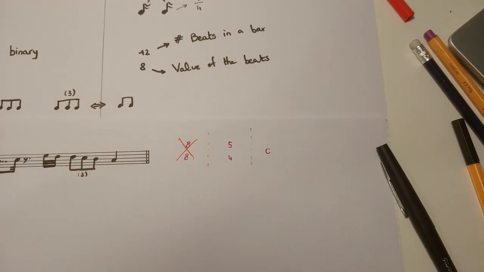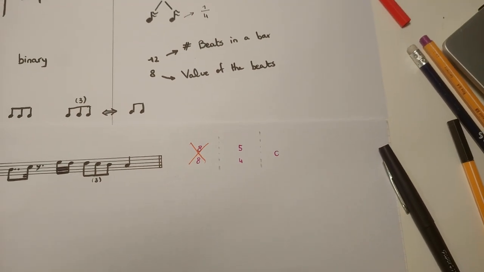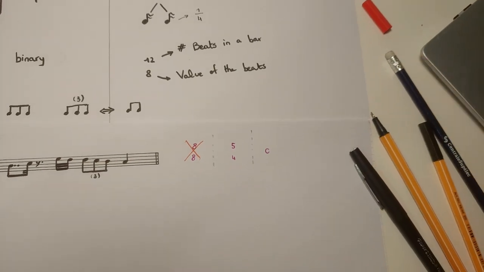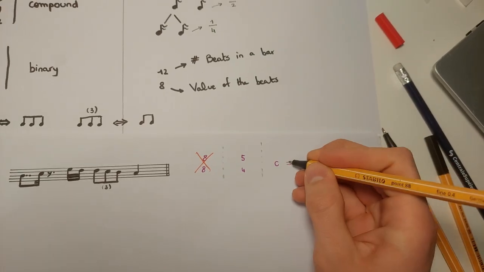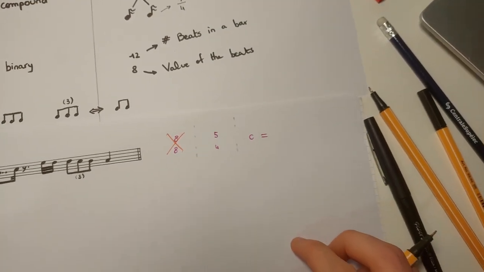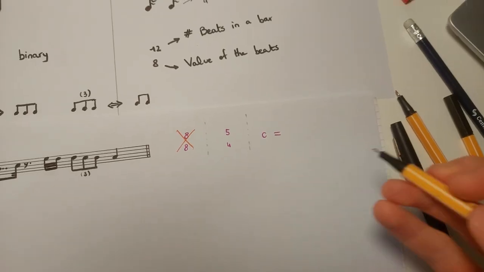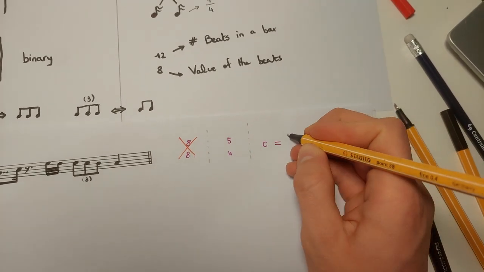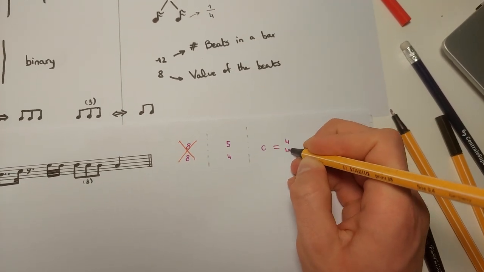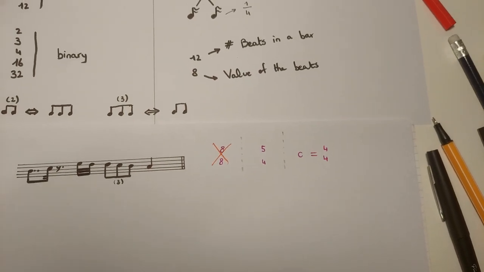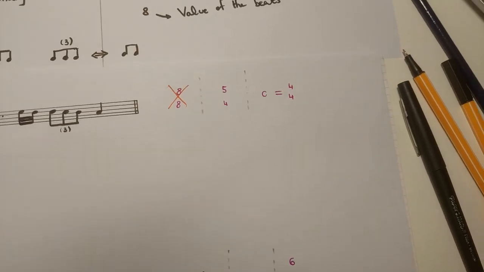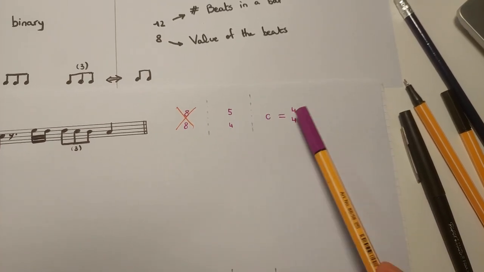So here we have the 5, 4. And here we have a C. What does C mean? C means common, because it is one of the most common configurations we'll encounter. So it's a 4, 4 configuration. Now, how do we differentiate between 5, 4 and 4, 4?